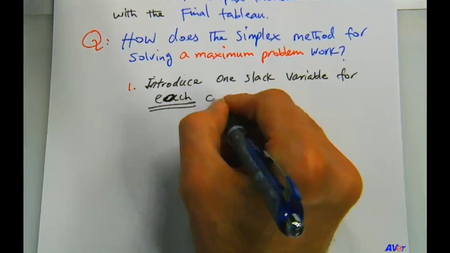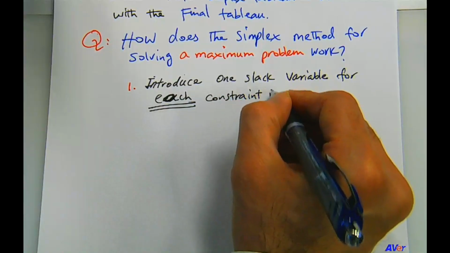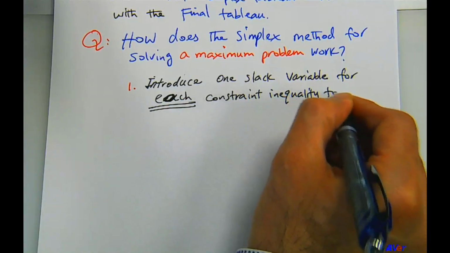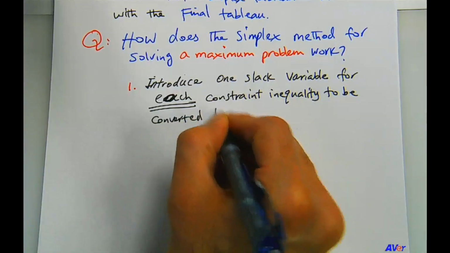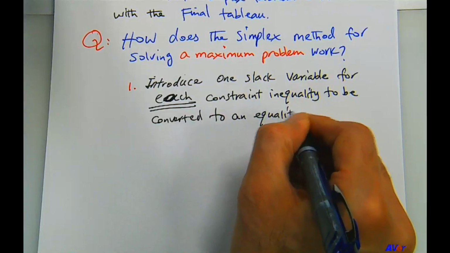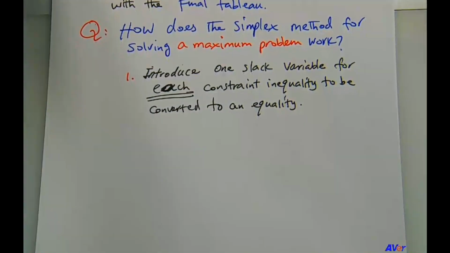For each constraint inequality, it is to be converted to an equality. Remember, we just talked about it 5-10 minutes ago. So that's what we do first.